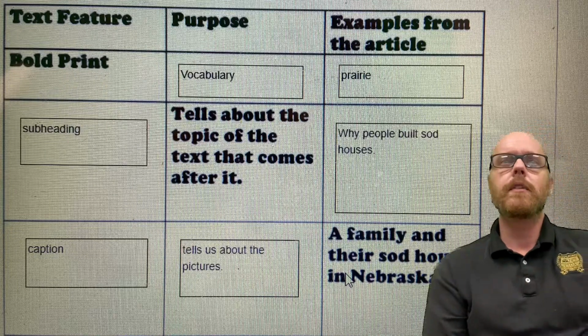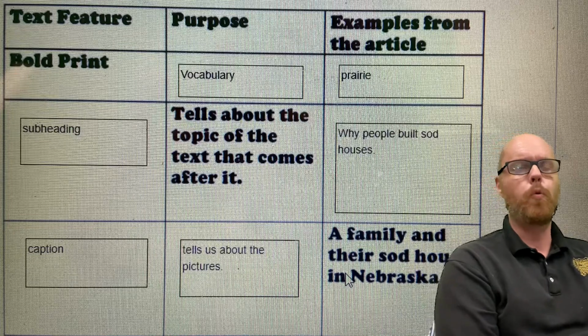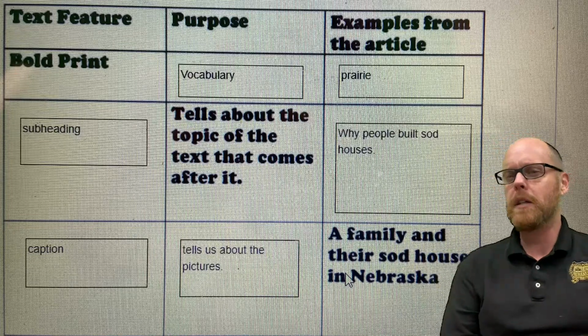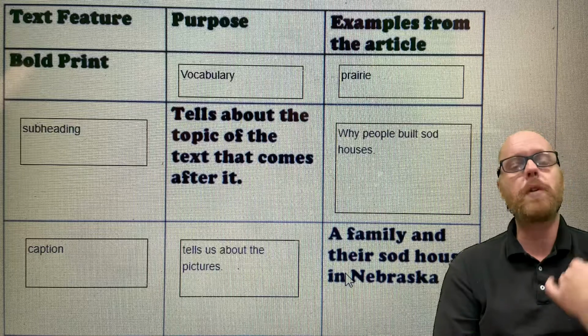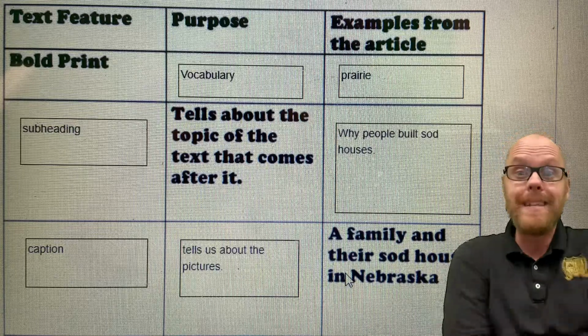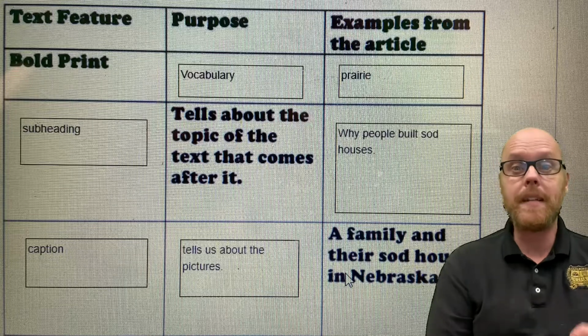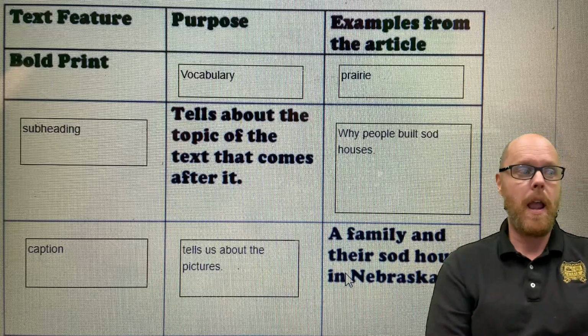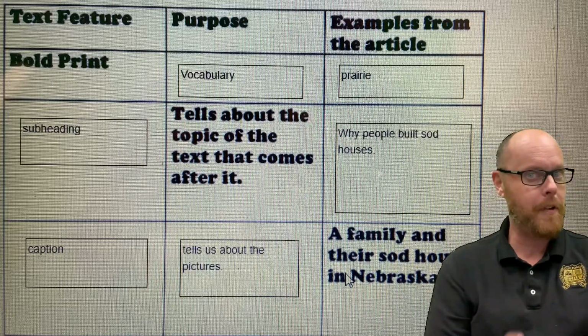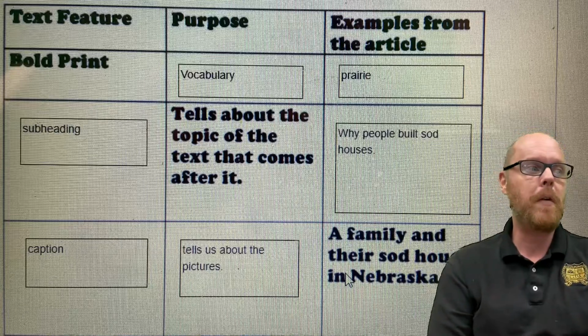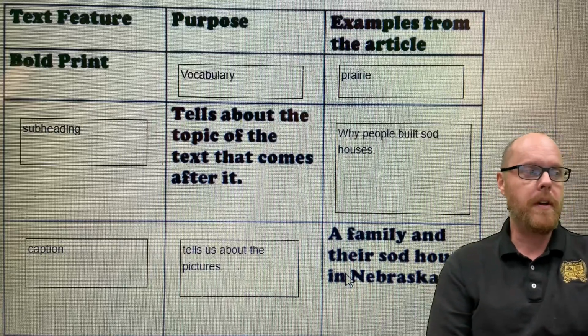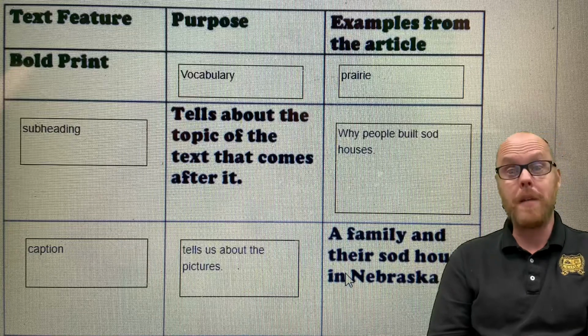But if we look, the first one we have is bold words. And as we talked about earlier, anything that's in bold is a vocabulary word. And a great example of that is prairie. The next text feature was subheading. And we have an example already there for us, don't we? It tells about the topic of the text that comes after it.